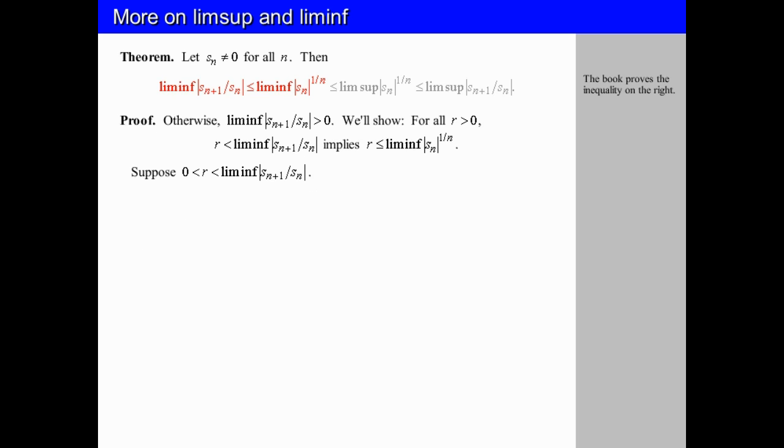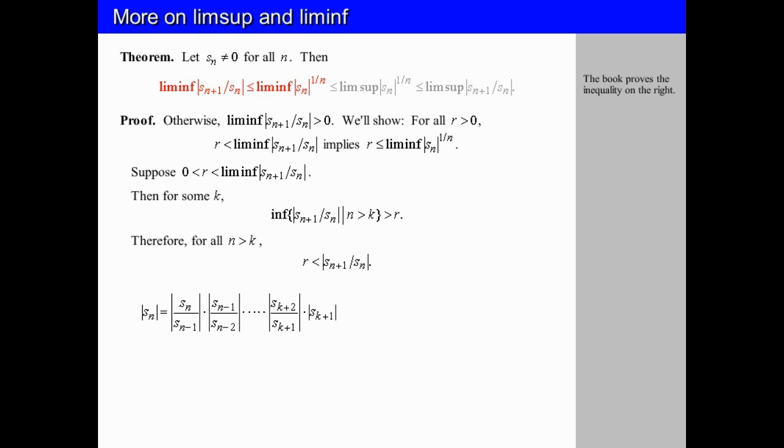So suppose r is greater than 0 and less than lim_inf of the absolute value of Sn plus 1 over Sn. Then for some k, what we call inf sub k of these ratios must be greater than r. Therefore, for all n greater than k, r is less than the absolute value of Sn plus 1 divided by Sn. Now here's the trick. Write the absolute value of Sn as follows.